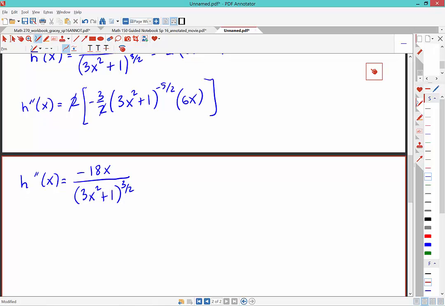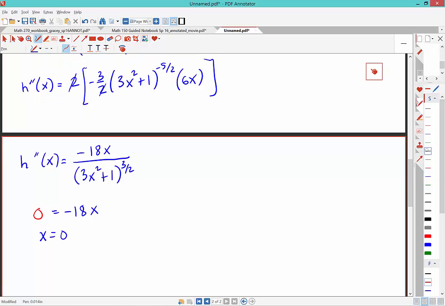So if we set this equal to 0, then we get x is 0, and that's one of our test values. But don't forget, if we had had any vertical asymptotes, then we would have needed to test those as well. But we didn't, so we're just testing 2 intervals.